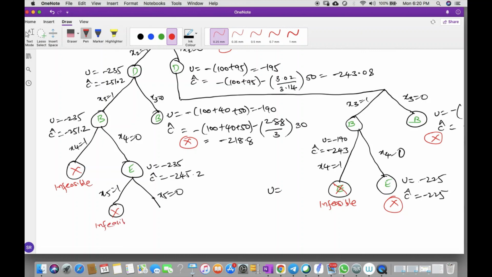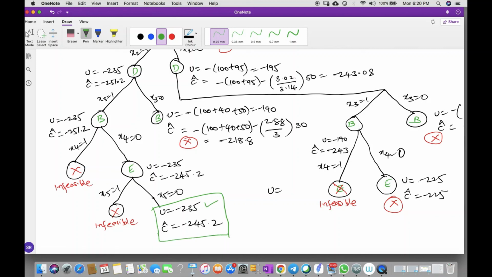So this also becomes infeasible and we are left with the final node, which is the answer, where you get u is equal to minus 235 and C cap is equal to minus 245.2. So this is the solution. This is the best u value which we can get.